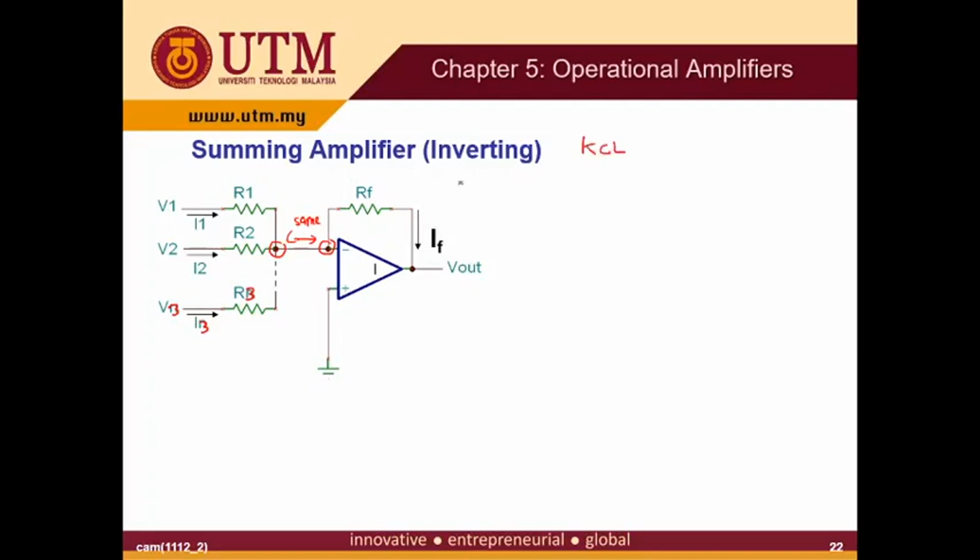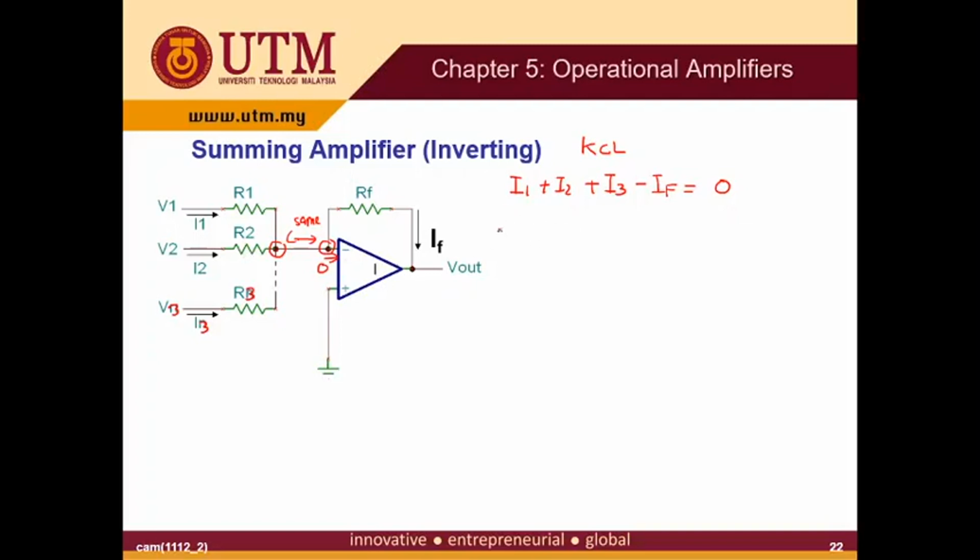The KCL: the entering current is I1 plus I2 plus I3, and the feedback current IF is exiting. The input current is 0, so you can ignore it, and this is equal to 0. Next, every current term needs to be represented using Ohm's law.